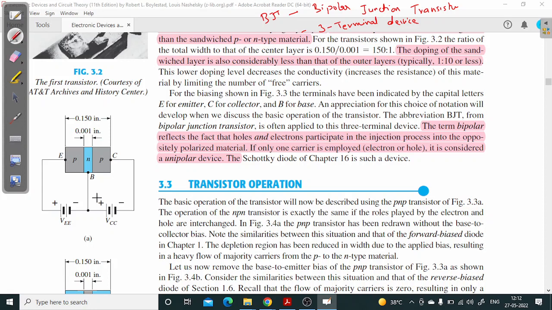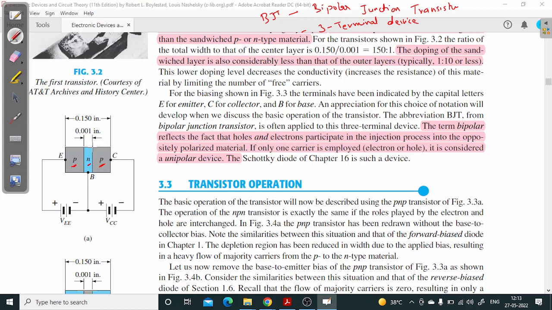Okay, look at here. It also consists of 3 layers. This is the first layer, P. This is the second or middle layer, N type, and the third or last layer, P type. So it's a PNP transistor. These are the typical thicknesses.